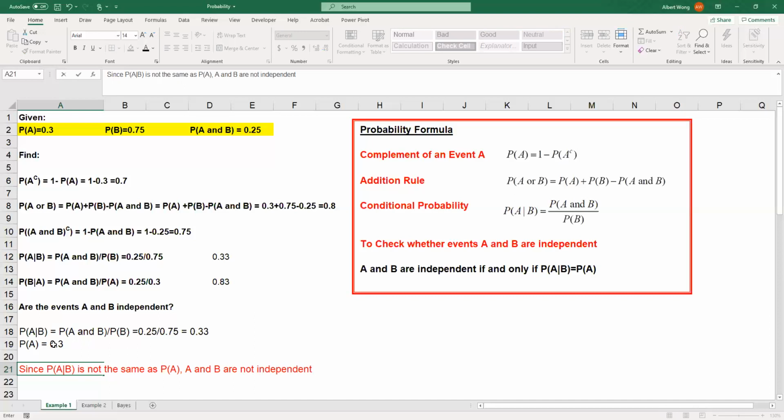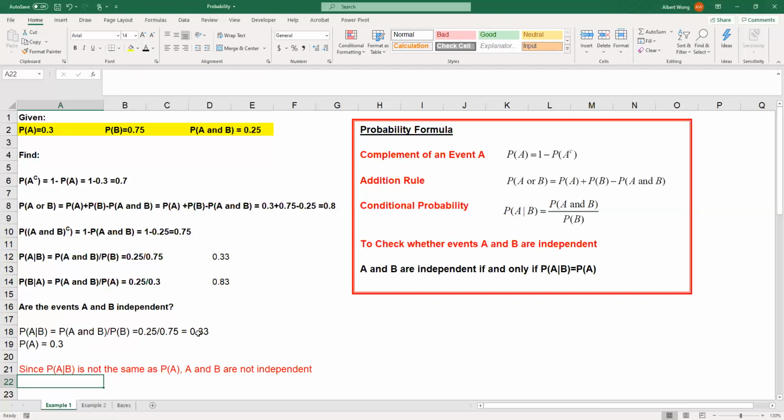Now, it's important for us to calculate these numbers with more decimal places if it's necessary, because the 2 events are independent only when the 2 probabilities are exactly the same. So even though they're close, if they're not the same, then we would not consider the 2 events to be independent.